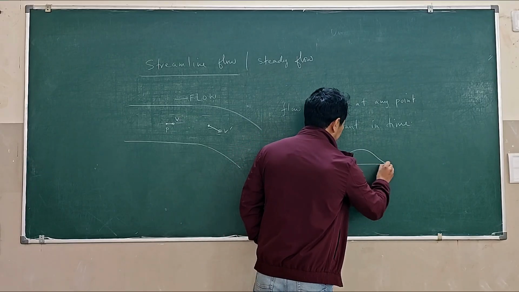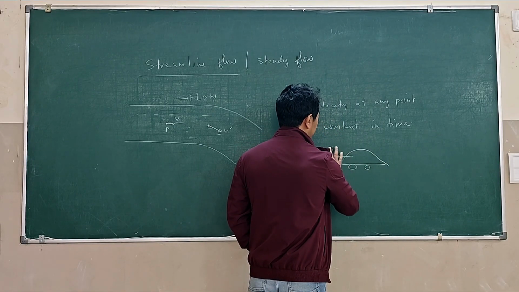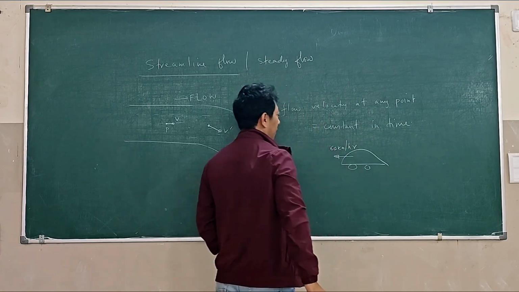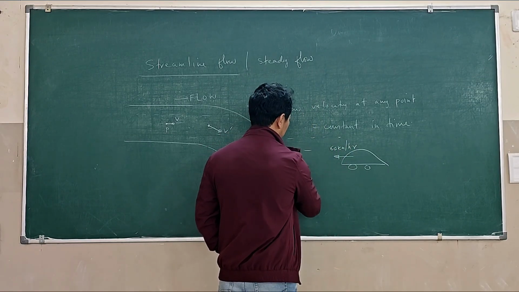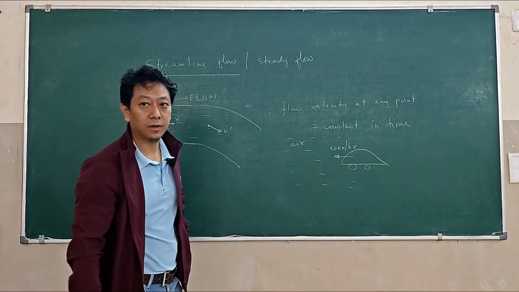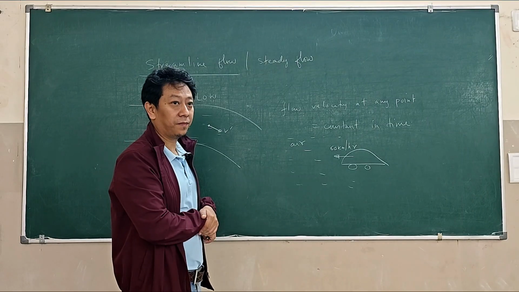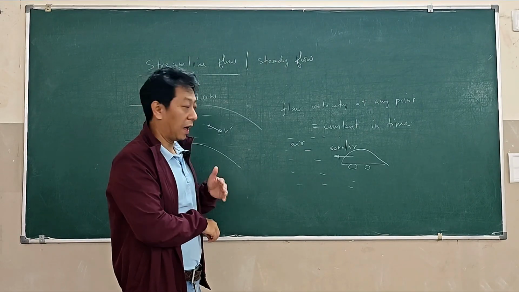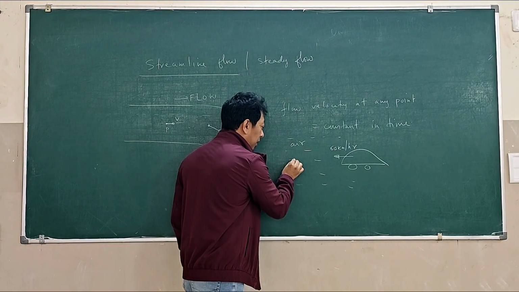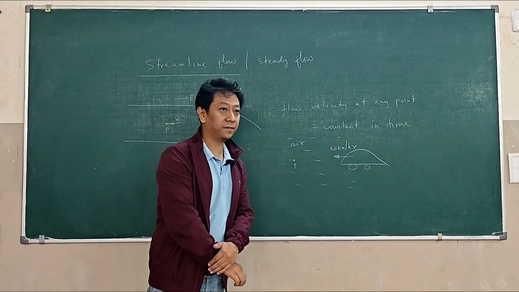Imagine there is a car moving with a velocity, let's say 60 kilometer per hour, and here there is static air. Now if I see from the ground frame, what is the velocity of this air particle at this point, very far from the car?